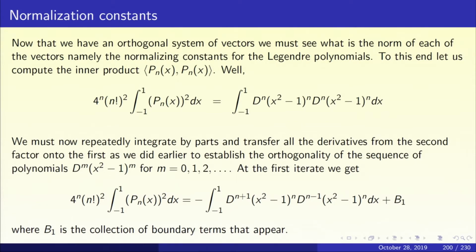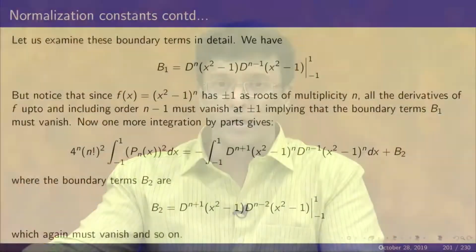So we must now examine what these boundary terms are. When you integrate by parts, integral of u dv by dx will be minus integral of v du by dx plus the boundary terms. What are the boundary terms? uv at b minus uv at a. So let us calculate these boundary terms.